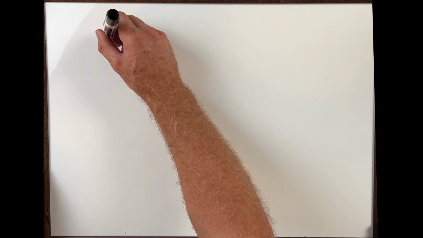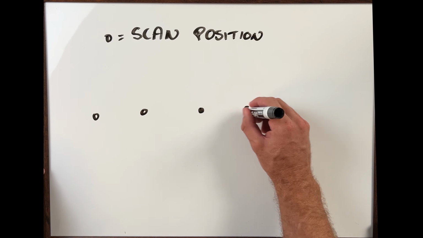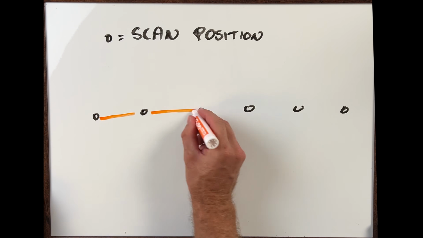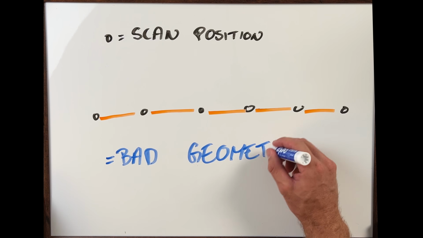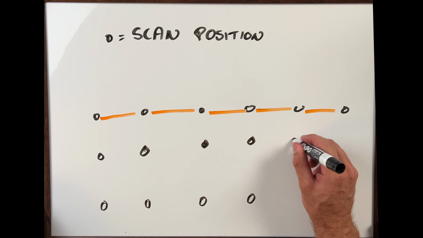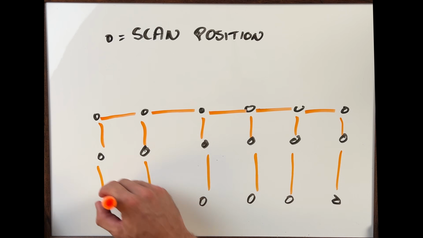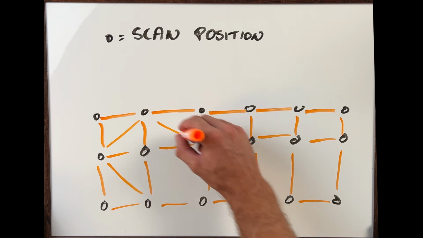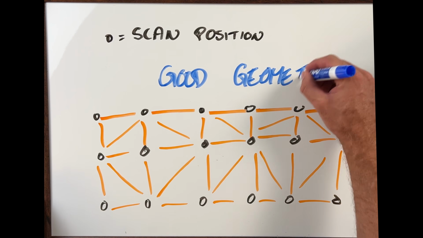If you had to create an example of the worst possible scan network geometry, it would be a linear string of scans with little overlap and poor geometric diversity. Imagine a tunnel. If you had to think of an example of a strong scan network, it would be a square polygon of scans with strong overlap, great geometric diversity, and an abundance of triangulated links between scan positions.